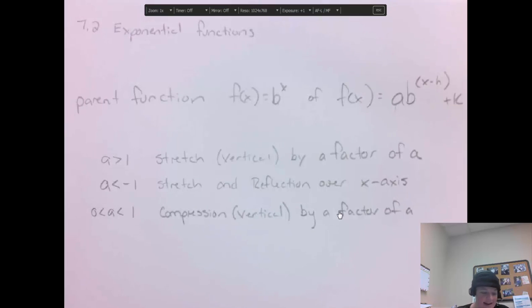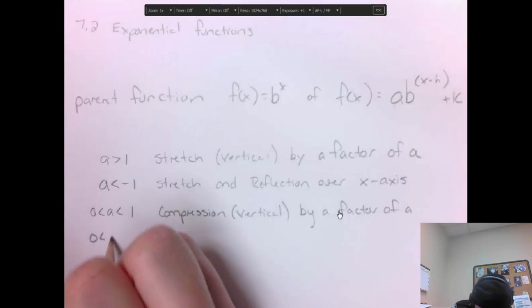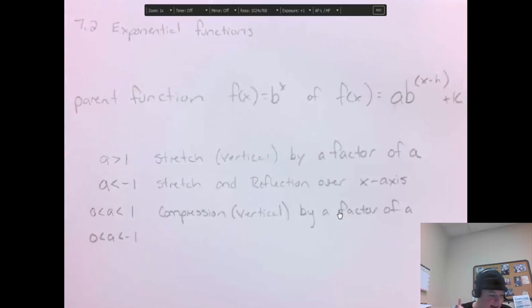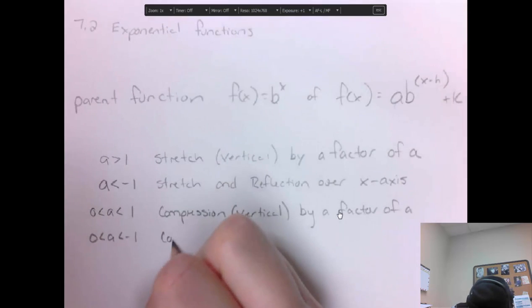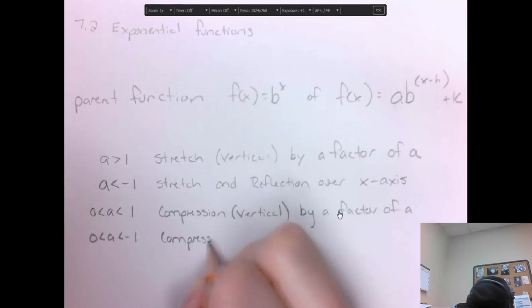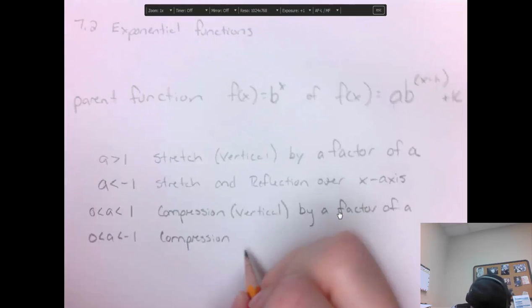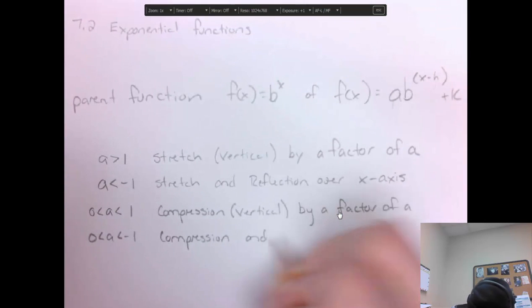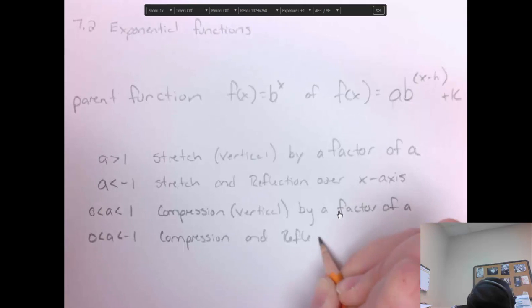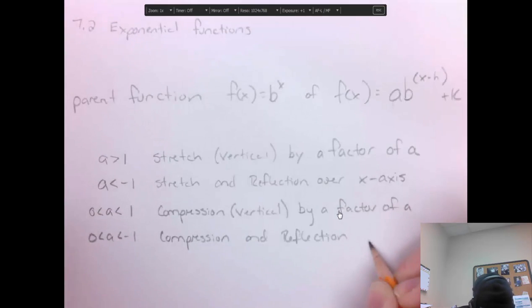All right, and if it's negative, same idea as before. If it's negative, it has the compression still, but it also has a reflection over the x-axis.